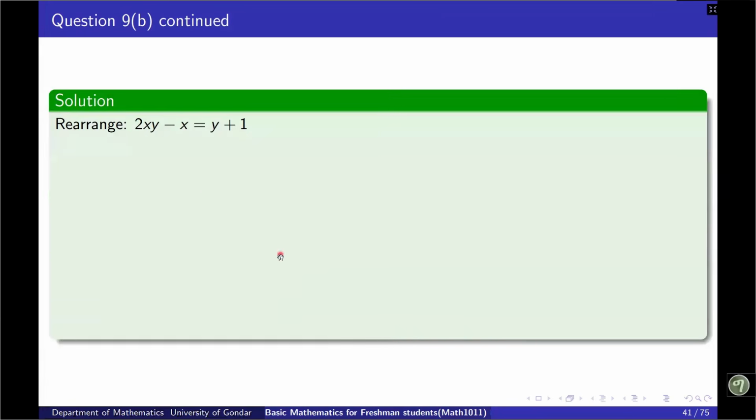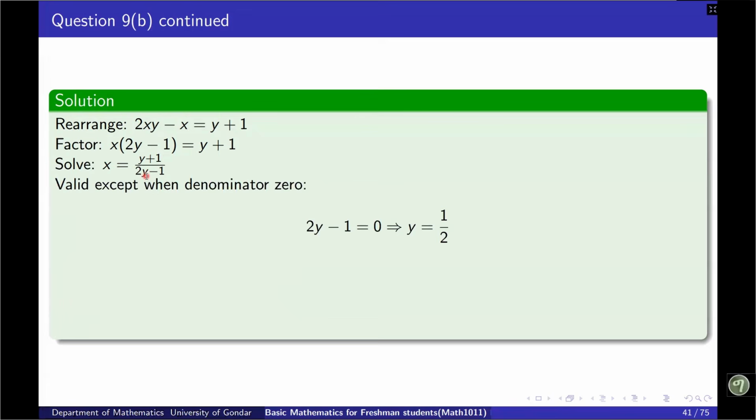Then rearranging these terms, 2xy minus x is equal to y plus 1. We have x times 2y minus 1, which is equal to y plus 1. Then if we solve for x, x is equal to y plus 1 over 2y minus 1. But this is undefined whenever y is equal to 1 over 2.